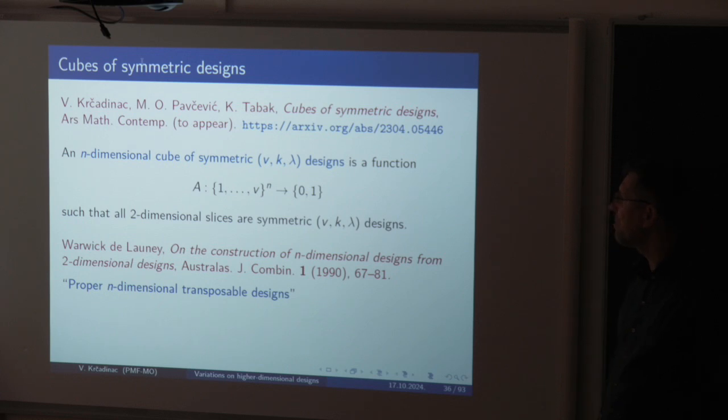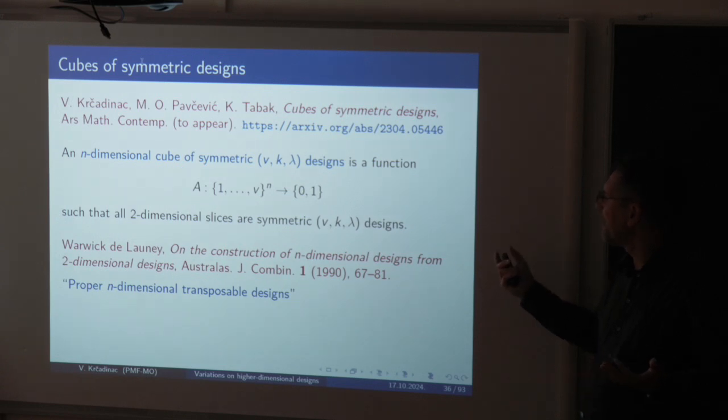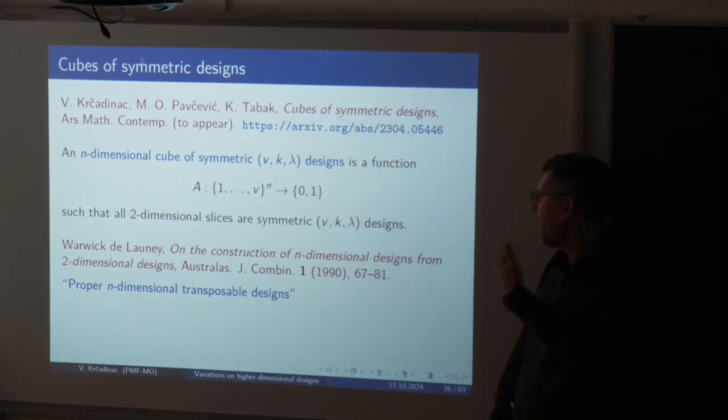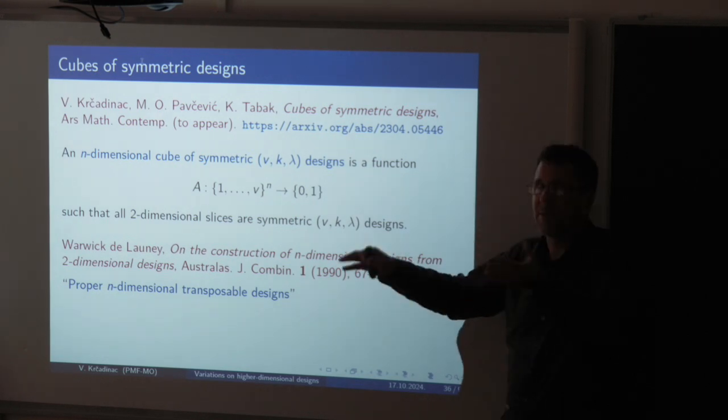Of course, we are not the first to define such objects. Warwick de Launey already in 1990 had a paper where he defined a much more general class of n-dimensional designs, which includes Hadamard matrices, symmetric designs, orthogonal designs and other stuff.